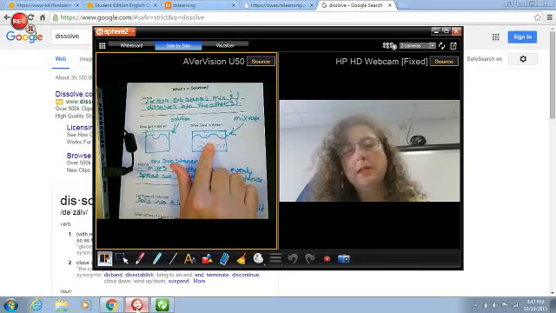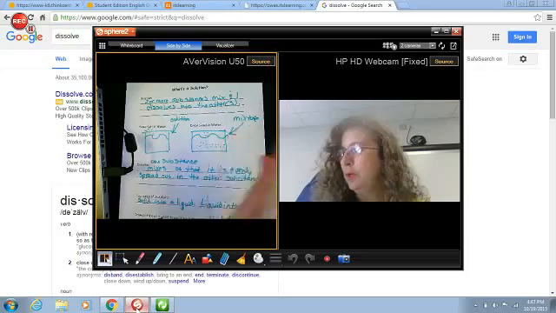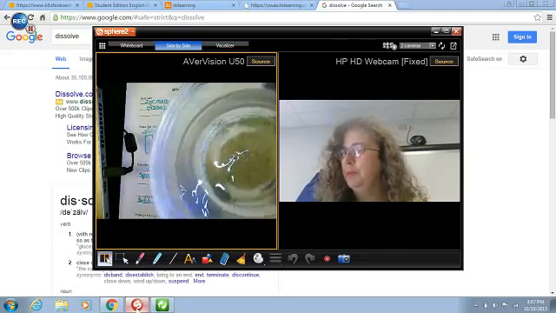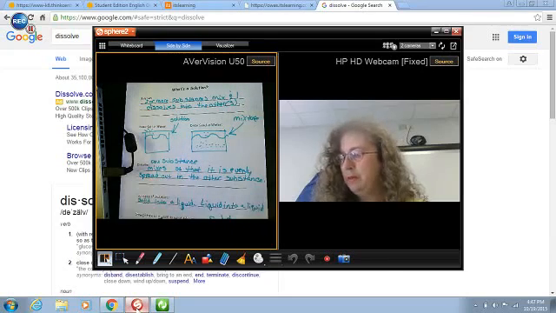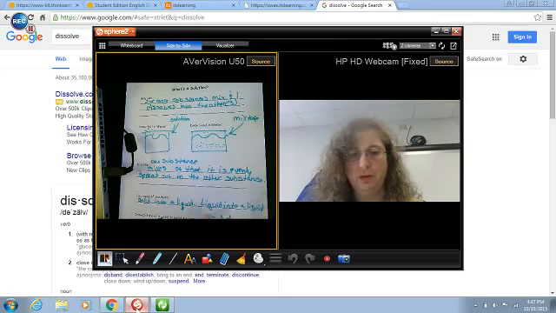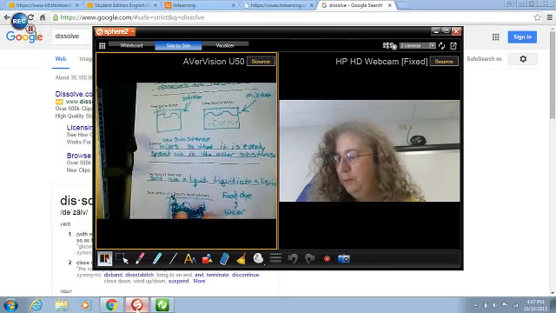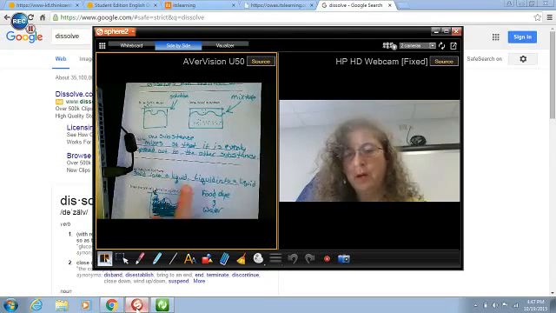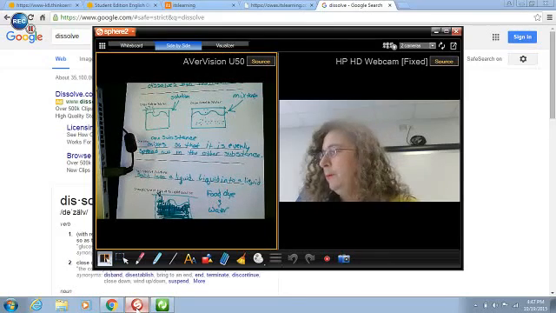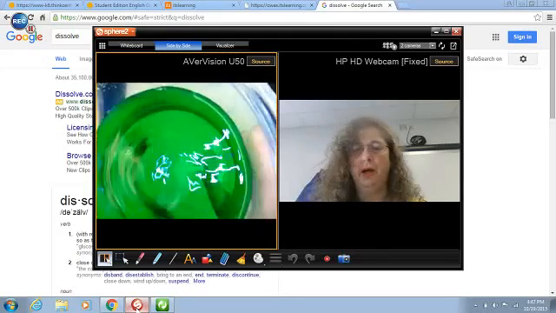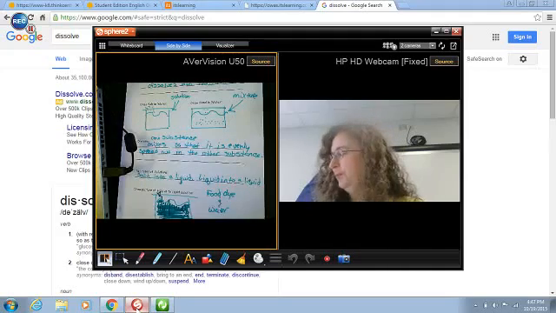Now, sand is not a solution, it is a mixture because we can tell that the sand does not dissolve in the water. Okay, dissolve is basically where one substance mixes so that it is evenly spread out into the other substance. Okay, then the other type, we have a solid into a liquid, but we also have a liquid into a liquid, such as our food dye and water. And we see it right here, just like that.